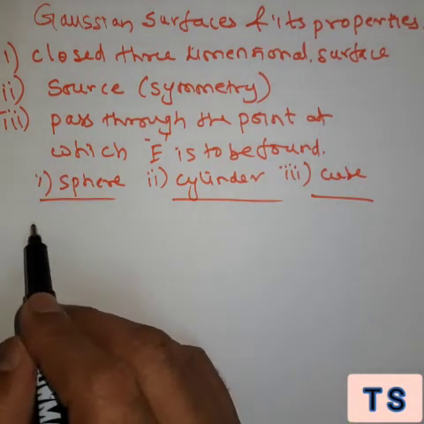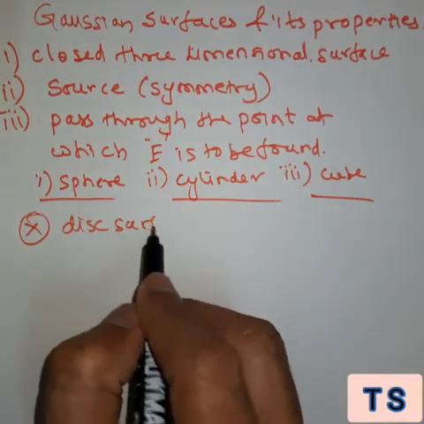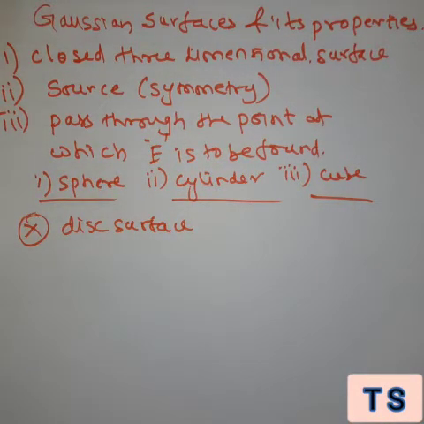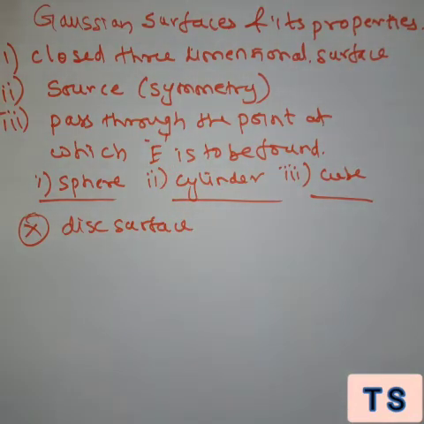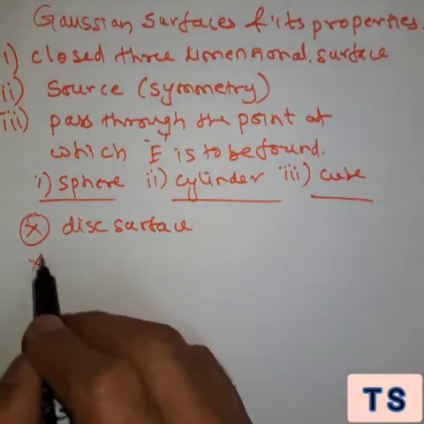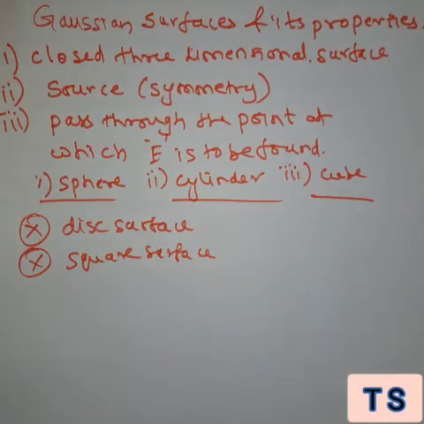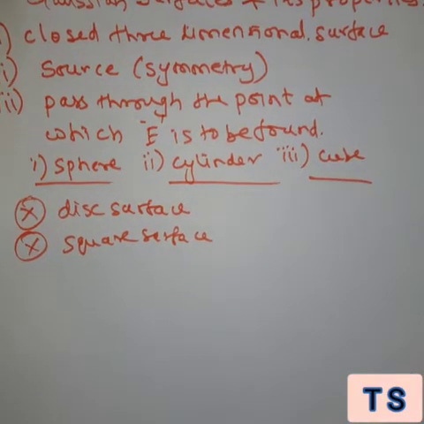You cannot take a disk surface as a Gaussian surface, because you may not get symmetry with respect to the source. Also, you may not get a proper surface which passes through the point at which E is to be found. Also, you cannot take a square surface because, very importantly, it's not a three-dimensional object. So again, that's the issue.